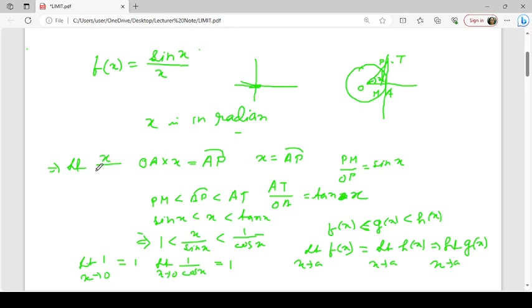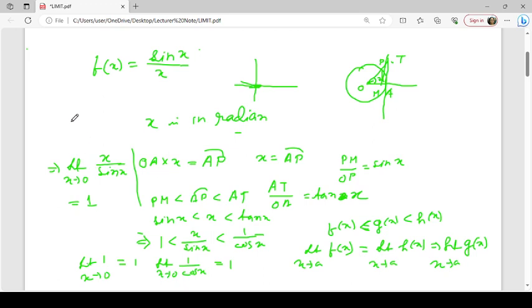We cannot find the limit of sin x by x or x by sin x as x tends to 0 directly because this is 0 and this is 0. But because the lower limit is 1 and the upper limit is 1, this limit must be equal to 1.